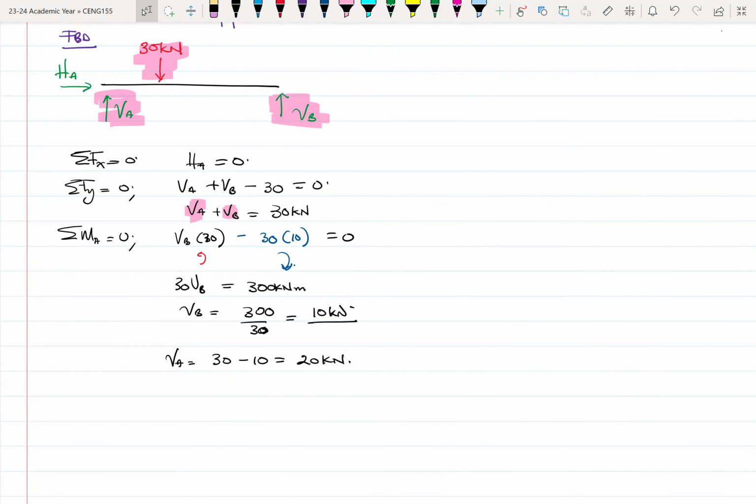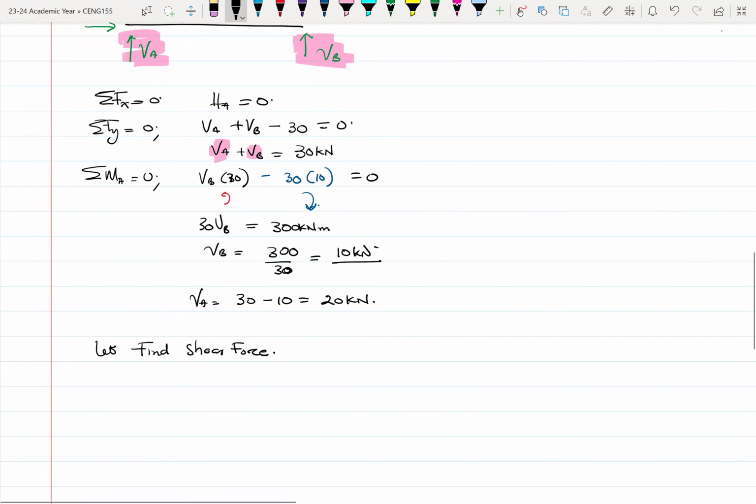Now let's go to the second stage. Now let's find shear force. We find shear force along the length of the beam, so it can be any point. Let's find shear force at different locations.